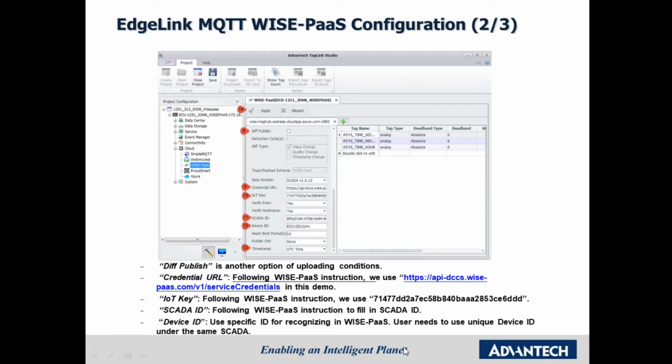In this demo we use this portal, but user may need to change to their own IoT key and credential URL. For the SCADA ID, follow the WISE-PaaS instruction to fill in the SCADA ID, and the device ID also needs to follow the WISE-PaaS management portal to fill in.